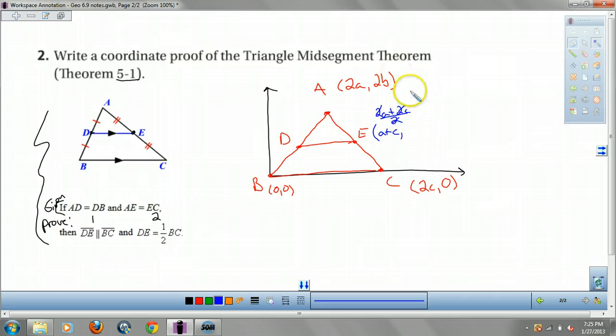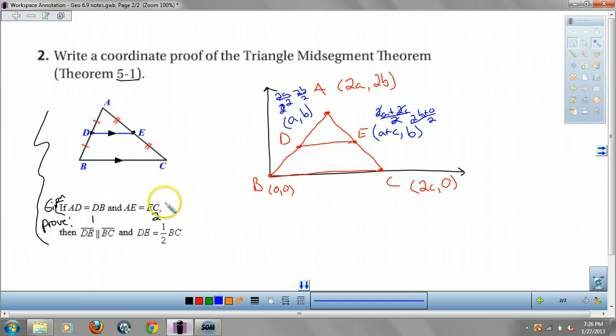And the second part is 2B plus 0, divide by 2, so it's B. So that means D is going to be AB, because for both of them, you're going to get 2A over 2, 2B over 2. So you get the point AB. Okay? So again, that's our given.